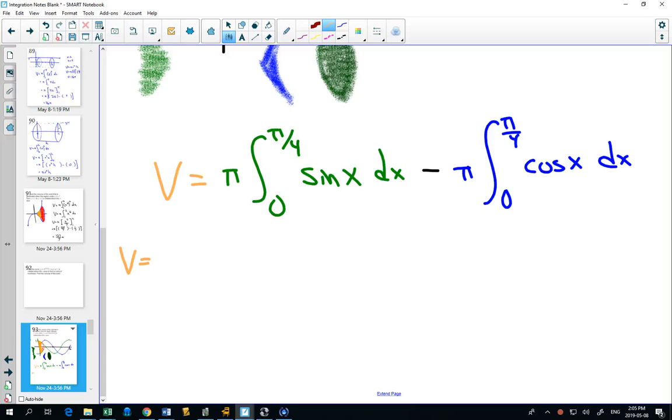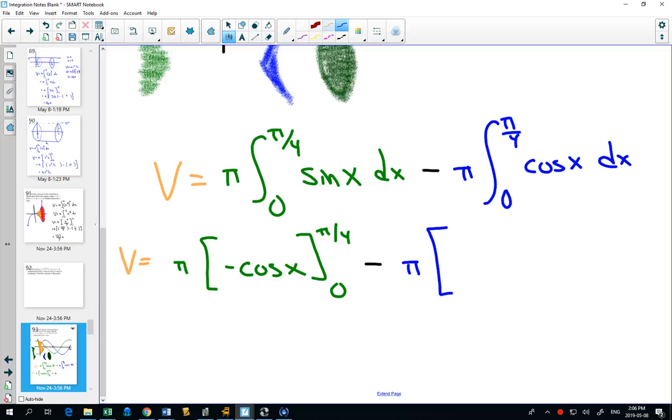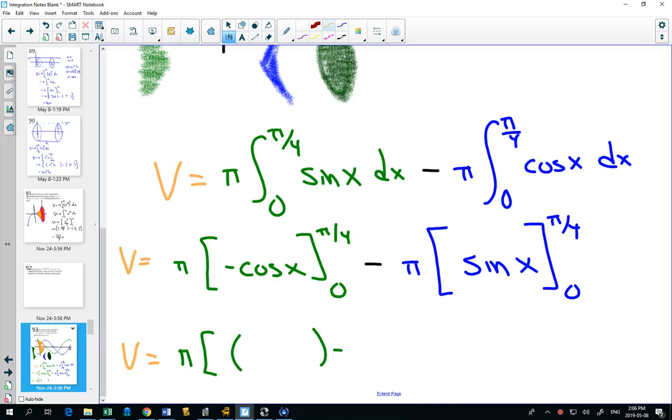So my volume is going to equal, for the green, pi, integral of sine, positive or negative cos? Integral of cos, positive sine, plug in pi over 4.